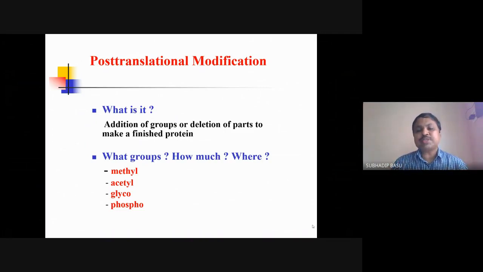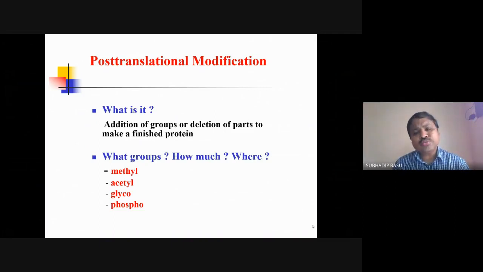Only then it becomes a finished product, very much like a diamond. An uncut diamond is dull, so you need to cut it and polish it so that you get a bright diamond that people like.